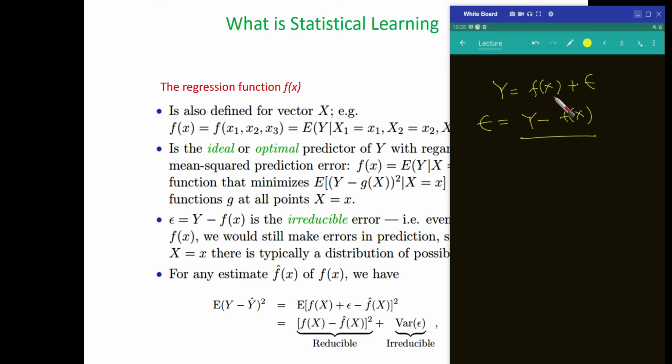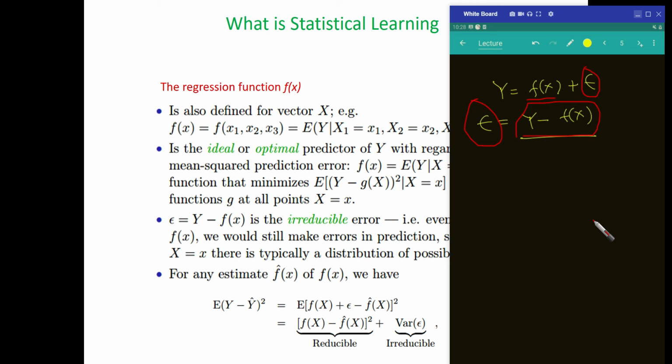Even though your model may be very great, by definition, because this is the true value and true function, this error will be there. That means this difference, y minus f of x, we can't avoid, because this y itself, when you go to a particular value at x and calculate y, has a distribution because of this error term.